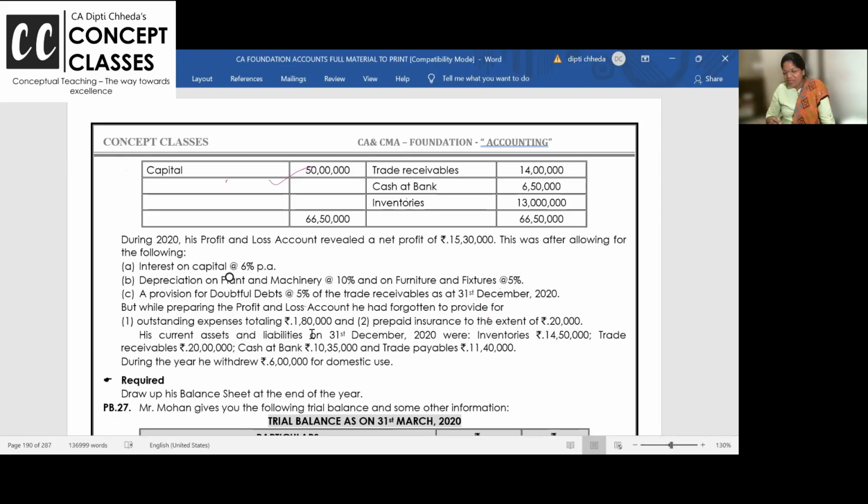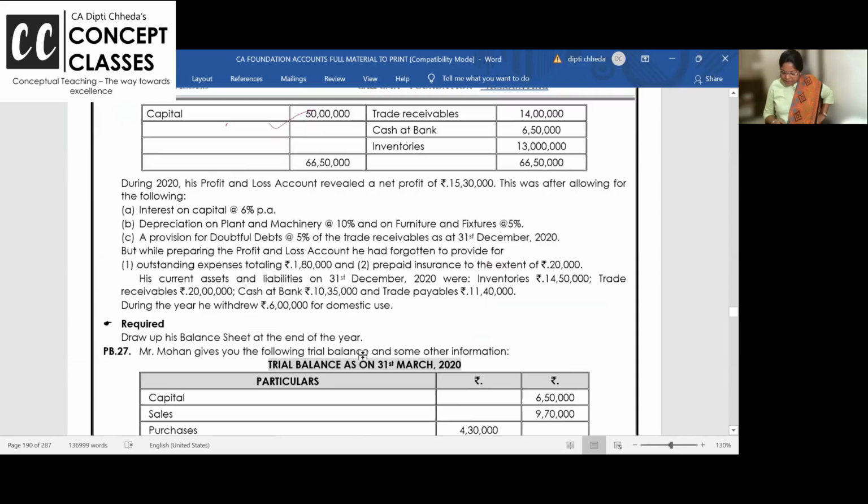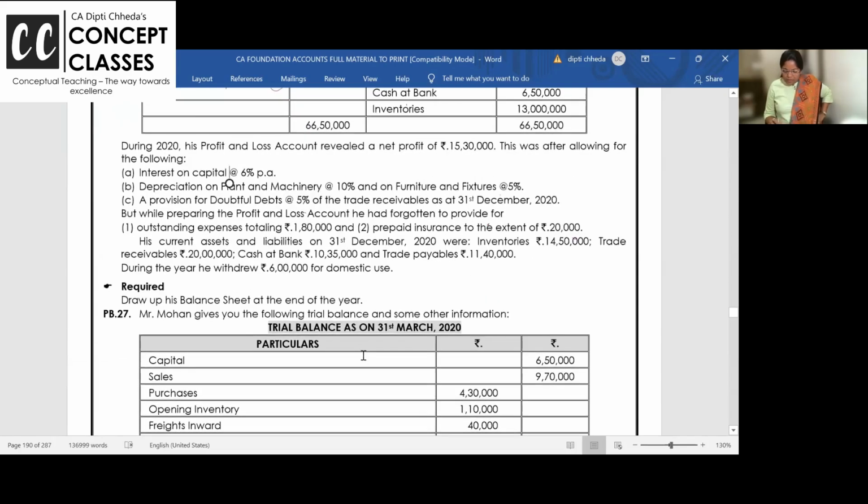So we have to add it in expense, outstanding. Prepaid insurance is also there. Current assets and current liabilities on 31st December are given ready to you.